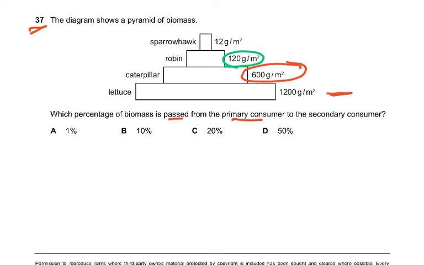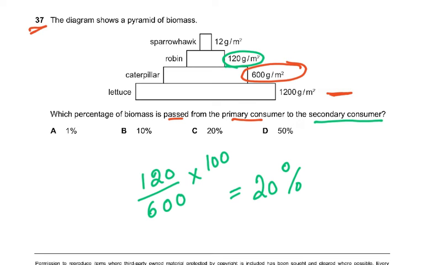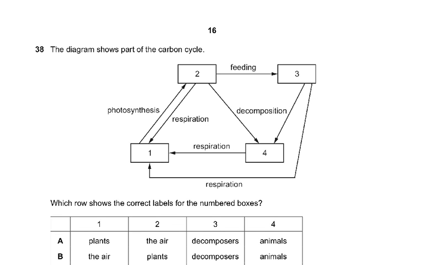So 120 out of 600. That is why the answer is C. 120 over 600 times 100 is equal to 20%, primary consumer to secondary consumer. Please understand this question.